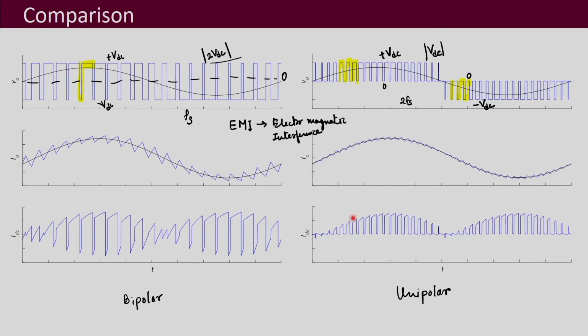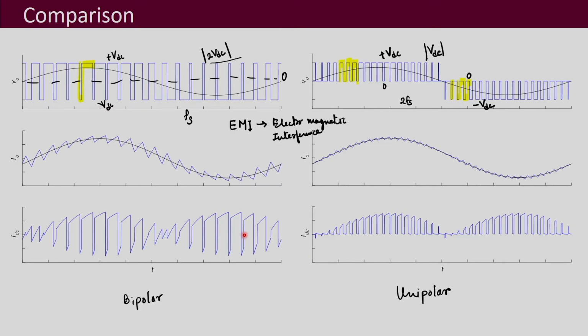So, that is what you have to observe in the waveforms in your choice of modulation method, that is going to change the design. For different modulation strategies, the design of the converter is going to be different. Then if we see your IDC waveform, you can see here that the switching frequency component present in bipolar PWM is greater than that in unipolar PWM.